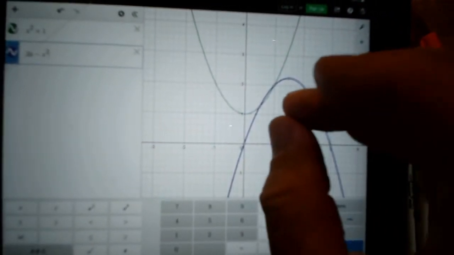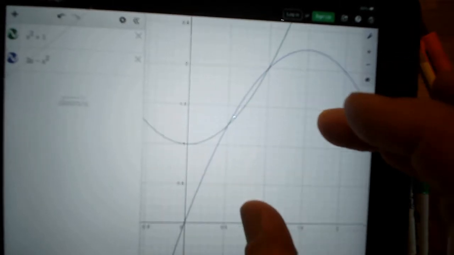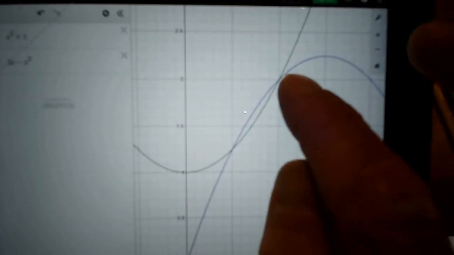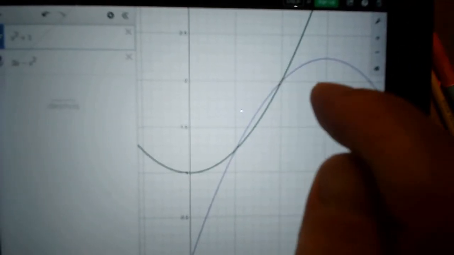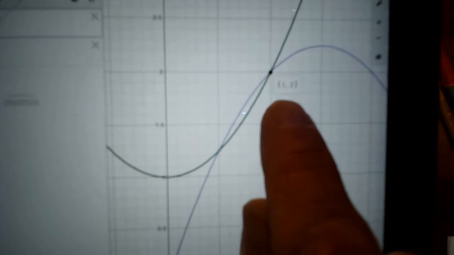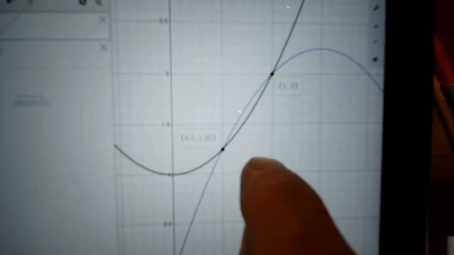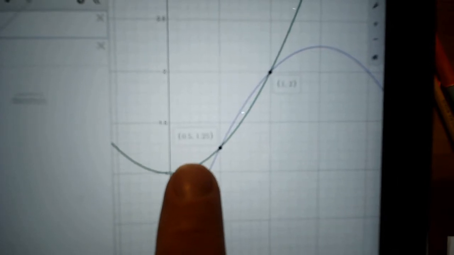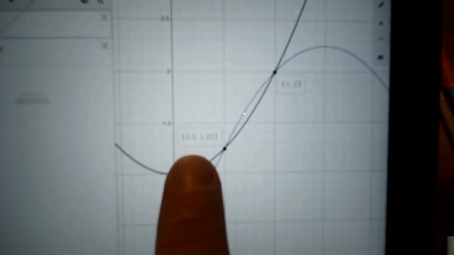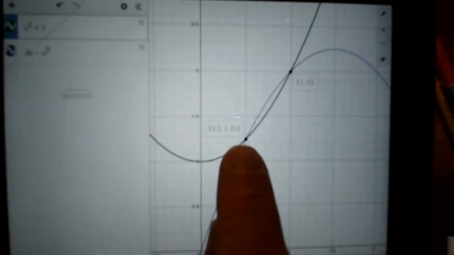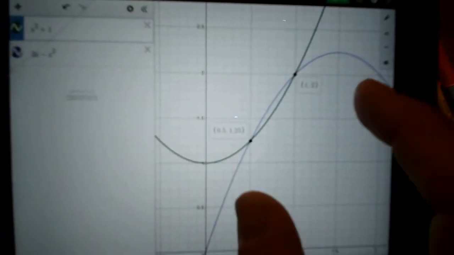You see where they're touching? That's where they're equal. I'll zoom in. And they are touching here, and right here. They are equal when x is 1. When x is 1, the output for both of them is 2, and they are also equal when x is 1/2. When you input 1/2 for both, you get 1.25.